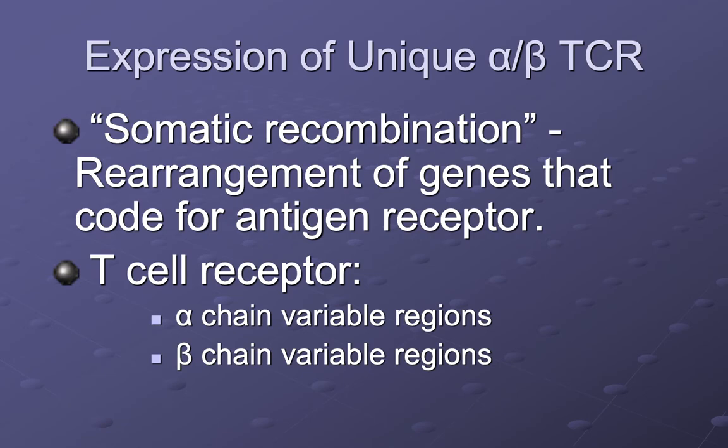The expression of these chains is dependent on a process called somatic recombination, where the gene segments, or the loci, coding for alpha and beta chains, the different genes on each locus, are rearranged. These genes encode for the variable regions of the chains, which is analogous to the variable region of the heavy and light chains of our antibodies, our immunoglobulins.